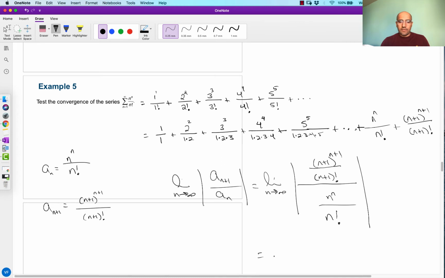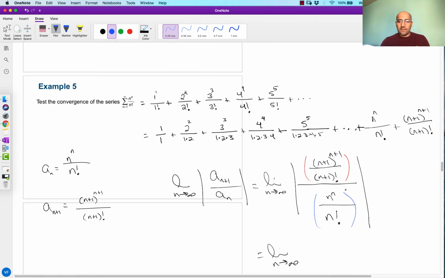Okay, so that's going to be equal to the limit as n approaches infinity of, okay, well, n plus 1 factorial, that's going to be a positive term. There's no negative terms here, right? As you can see here, none of these terms are ever going to turn into a negative. So the absolute value is redundant. We don't need it. So I'm just going to multiply the numerator, that's this fraction, times the reciprocal of the denominator, right?